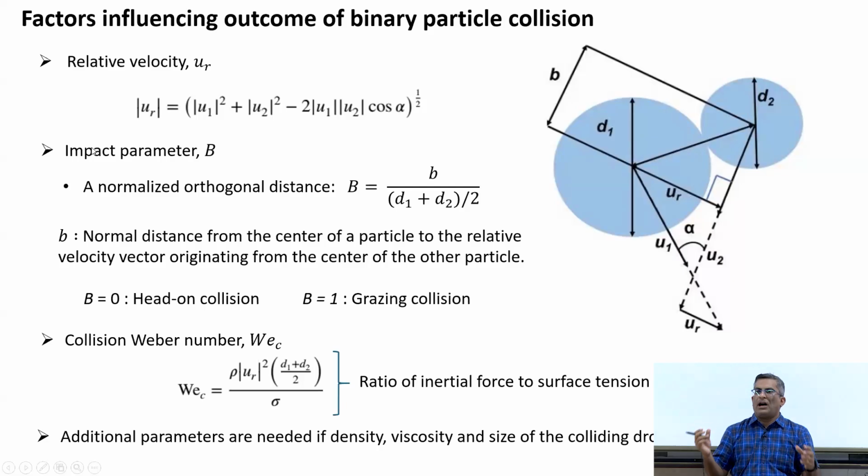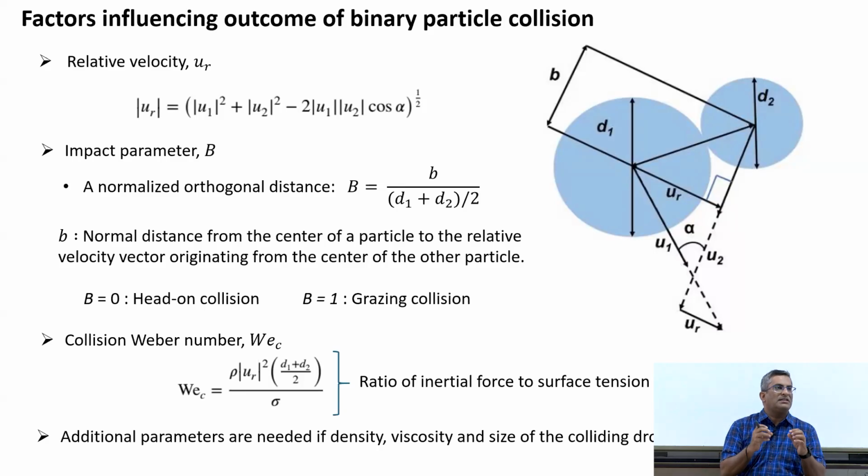The outcome of the collision depends on how the particles are approaching each other. For instance, two droplets may be heading straight onto each other, or they may just be grazing. That is why we have defined this parameter called the impact parameter.